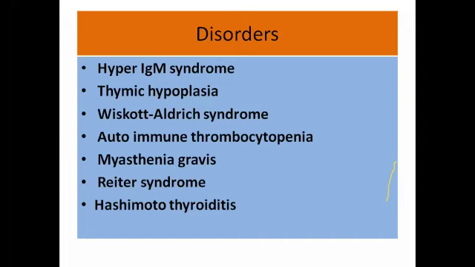Due to that, this type of syndrome can be caused. The symptoms we can observe are eye inflammation, urinary problems, swollen toes, and skin problems can occur. For this, we will be giving medications.